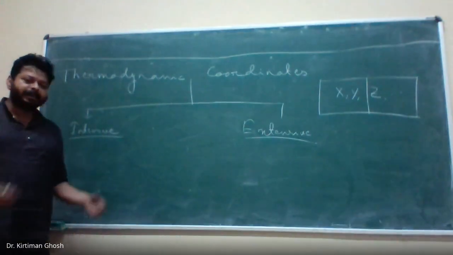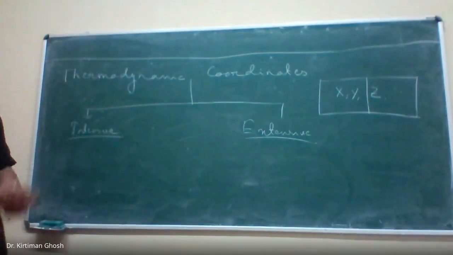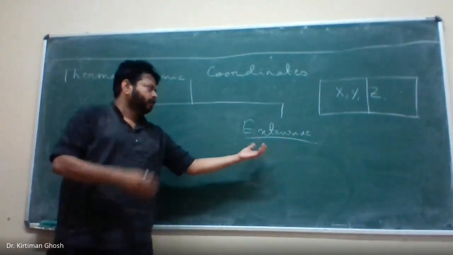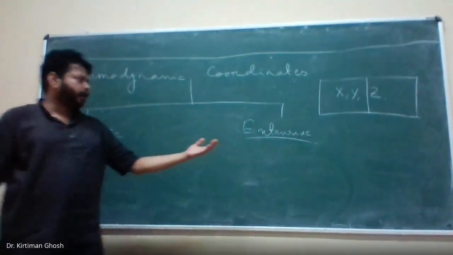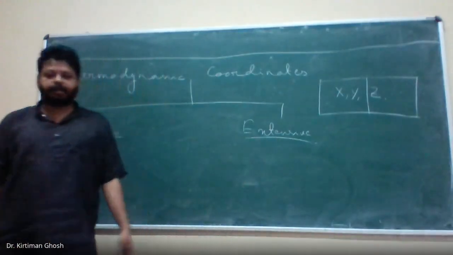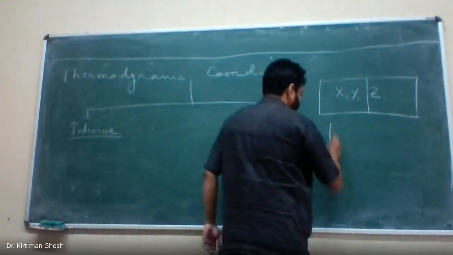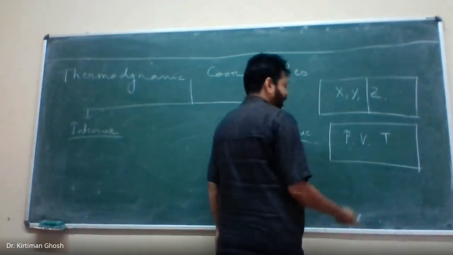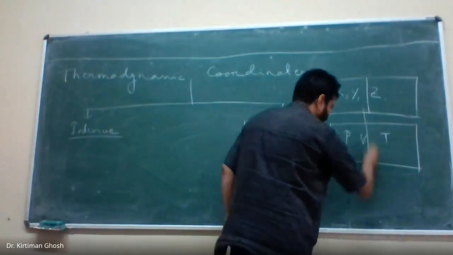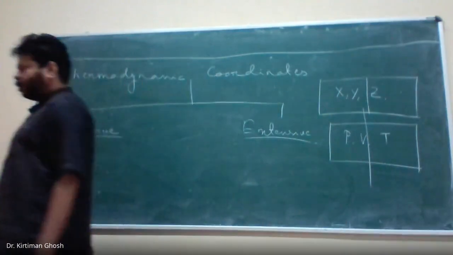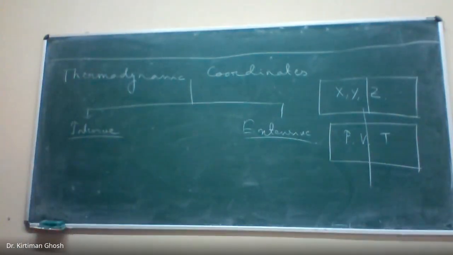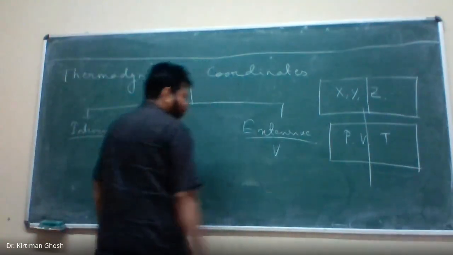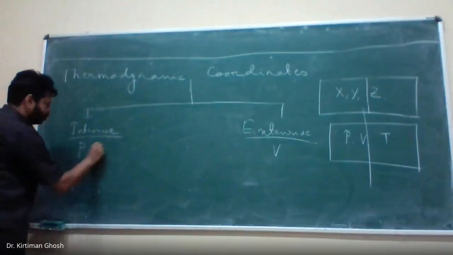The coordinates which remain the same if I split the system into two halves are the intensive coordinates, and the coordinate which is divided by a factor of half is the extensive coordinate. For example, in a gas system, the thermodynamic coordinates are P, V, and T. If I divide the system, the volume is divided by a factor of 2, but the temperature and pressure remain the same for both the systems. So in this case, V is the extensive coordinate and P and T are intensive coordinates.